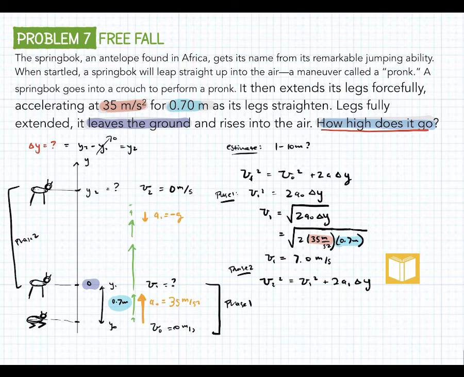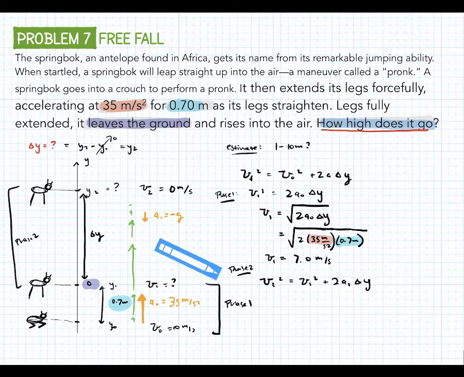We're now doing the delta y that we're looking for, the answer that we care about, the same as y2. We know what v2 final is. That's going to be 0.